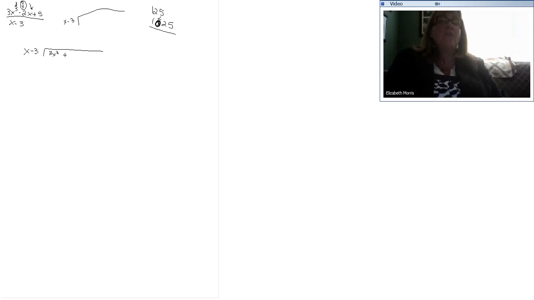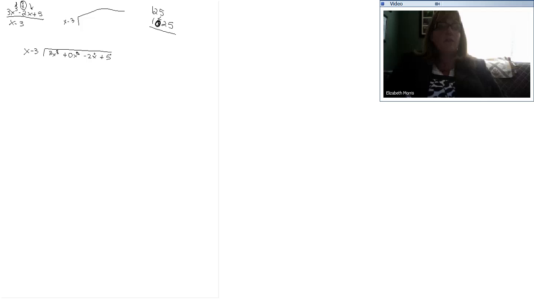I have no x squared. I have plain x, and then I have 5. You have to put it in descending order, and it has to have all the order, okay? So I have 3, I have 2, here I have 3, here I have 2, here I have 1, and here I have none. You have to make sure that you put that 0 in there for the placeholder.